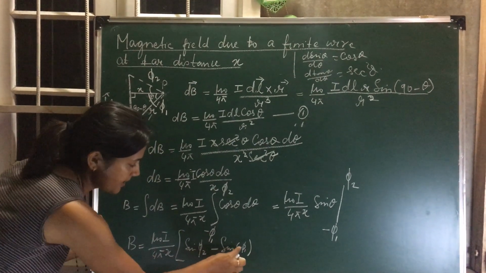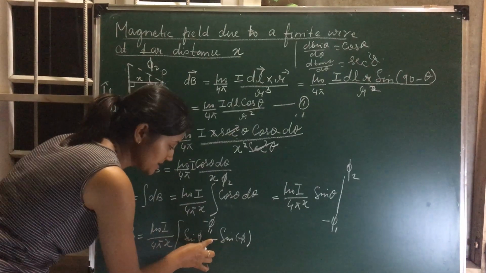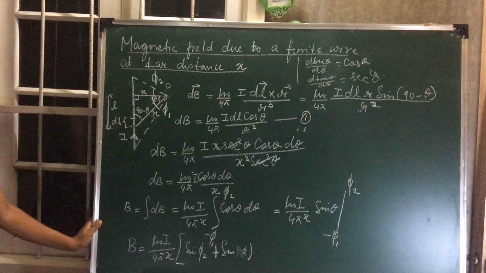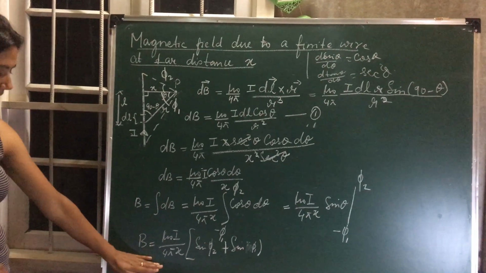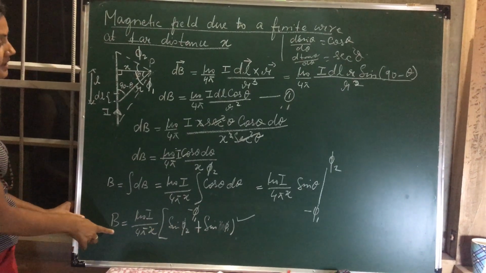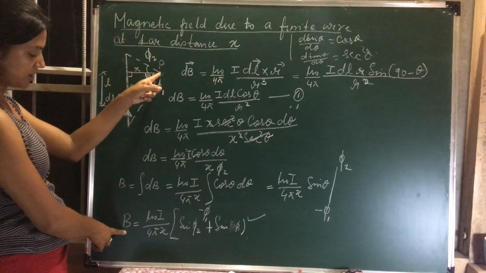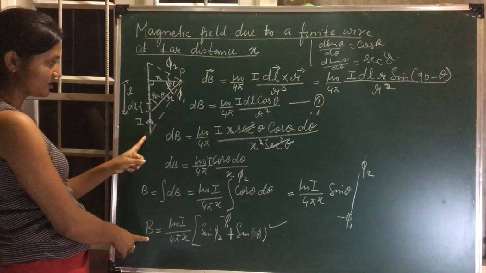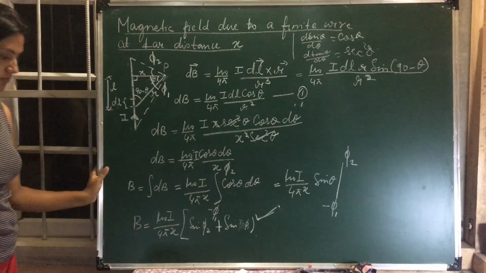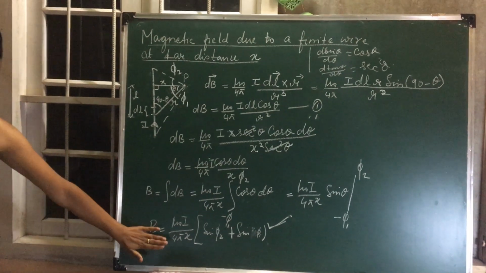Minus into minus, what will it be? Plus, right? So ultimately it will be sine phi 1 plus sine phi 2. This is the expression of magnetic field at this point due to a finite wire. You need to remember it for the time being.